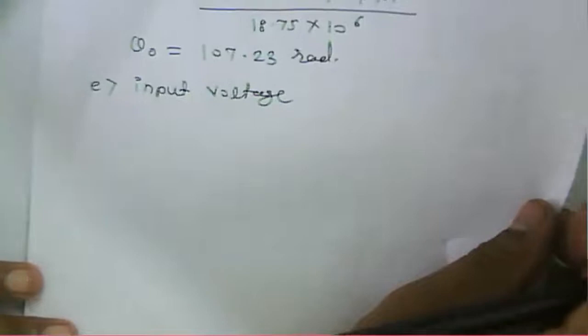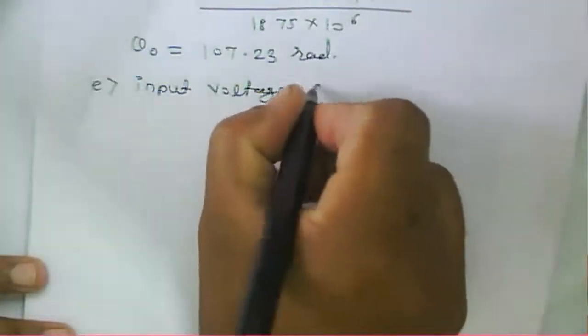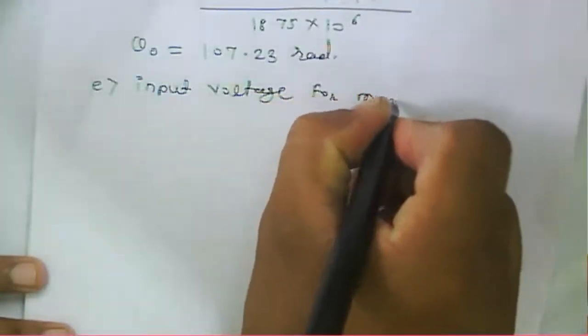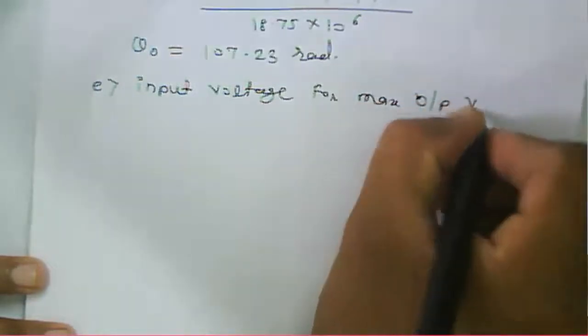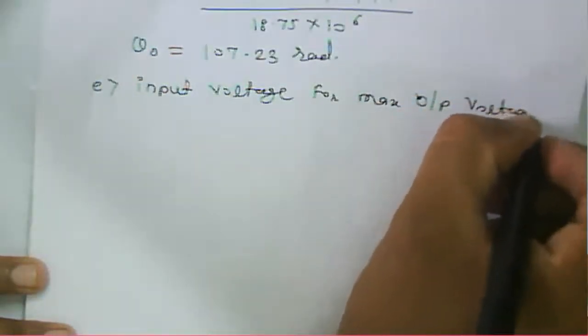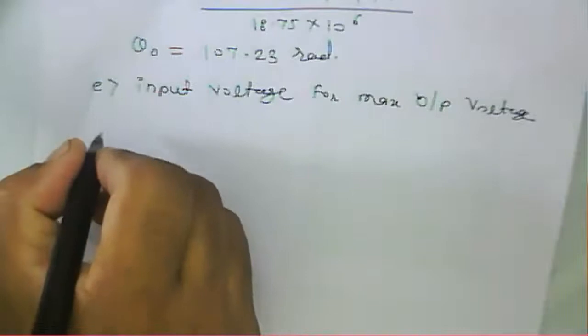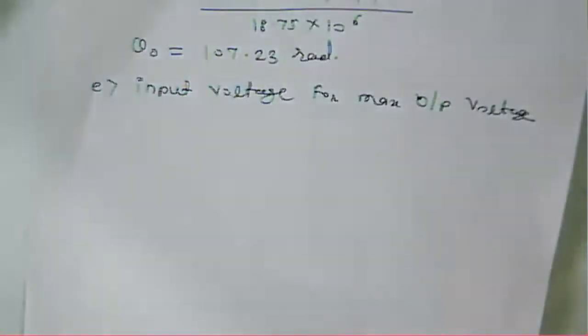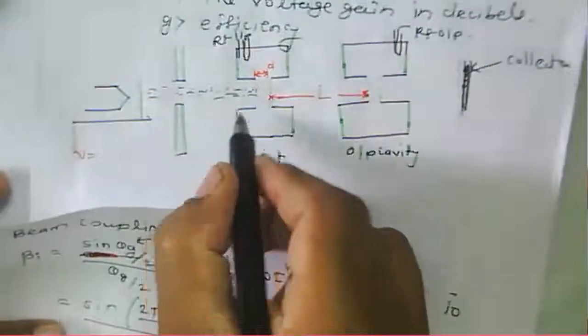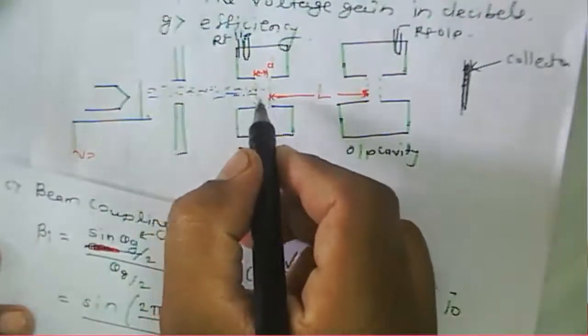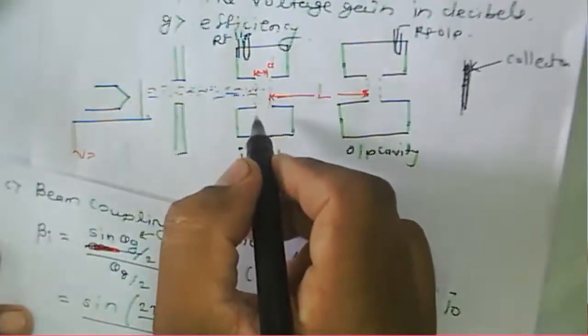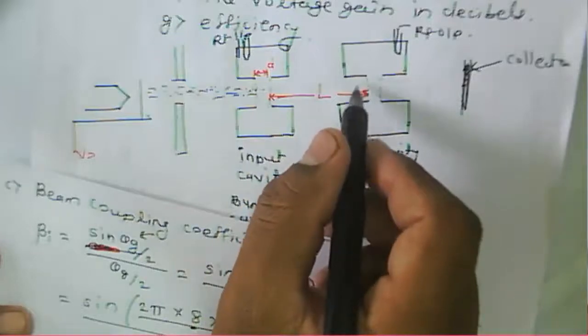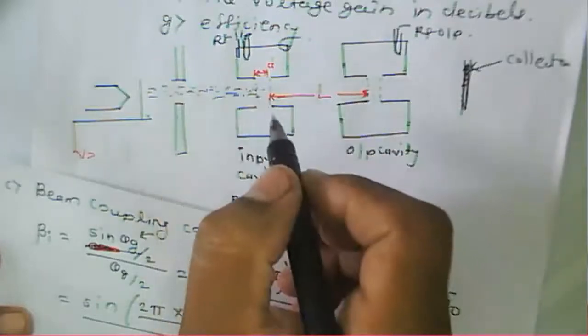So now, to get the maximum input voltage for the given particular cavity, we get the maximum output voltage for the given input voltage.